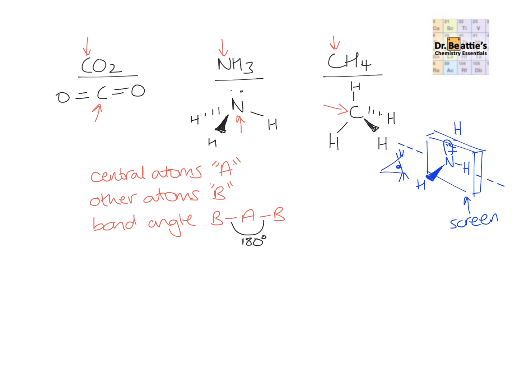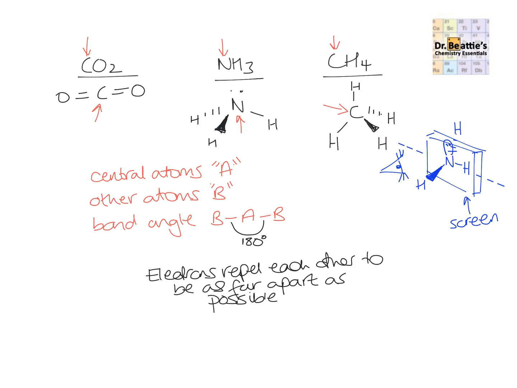Now, before we explain why it adopts this angle and therefore a shape, we need to understand a very easy principle and one that is intuitive. This principle is that electrons are going to repel each other to be as far apart as possible. And this makes total sense because we know that like charges repel and electrons are negatively charged. So if you put two negative things together, they're going to try and get as far away as possible.